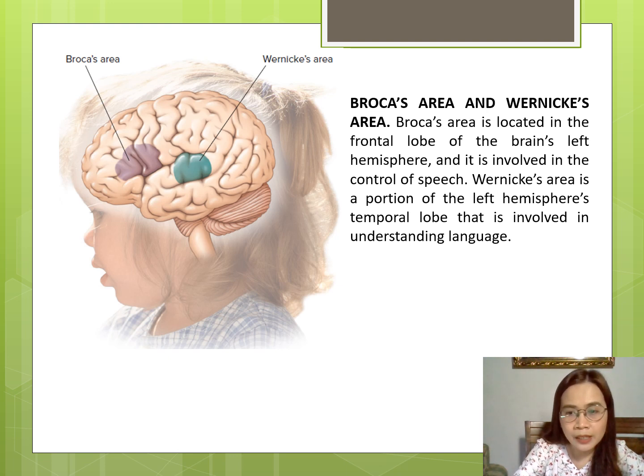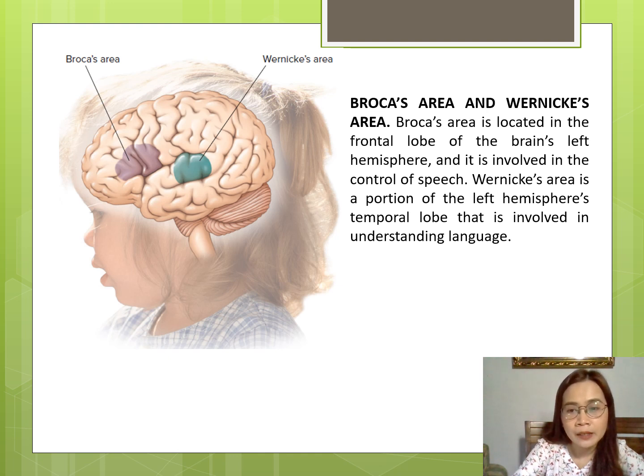The Broca's area is nandun sa frontal lobe, malapit sa ating bibig kasi yan yung area na kung saan naandyan yung production of speech. Kaya tayo nakakapag-produce ng mga words, nakakapag-construct ng sentences because of the Broca's area.